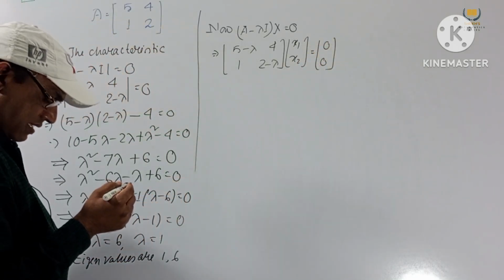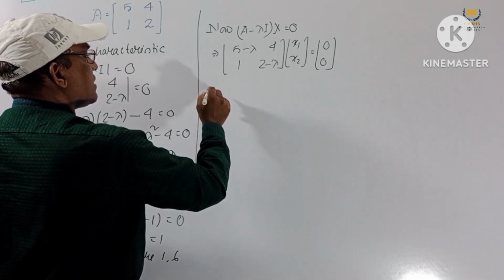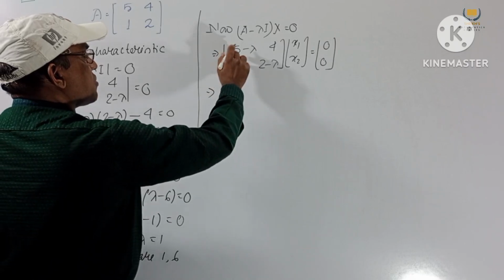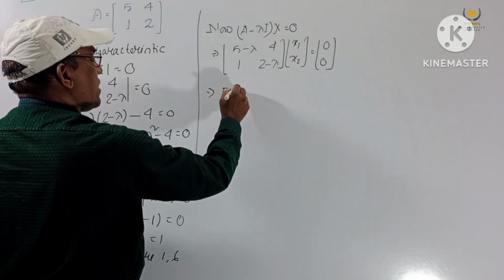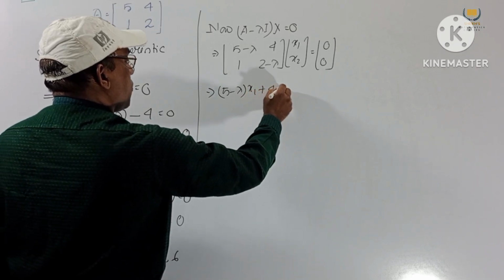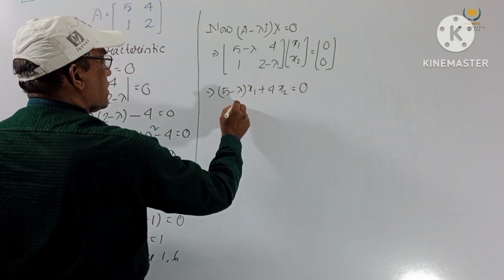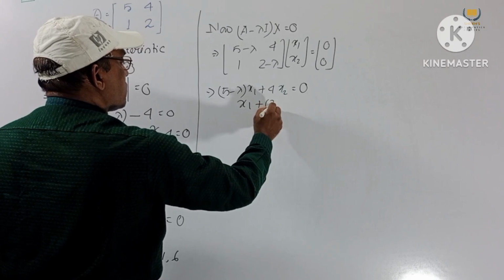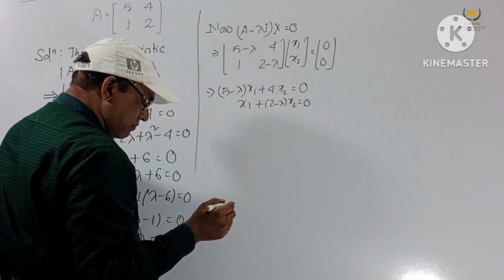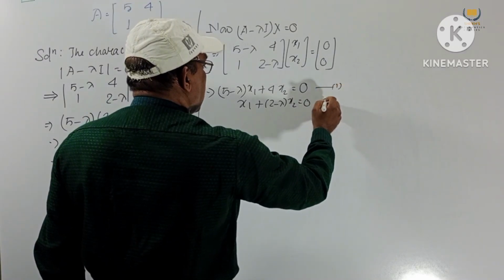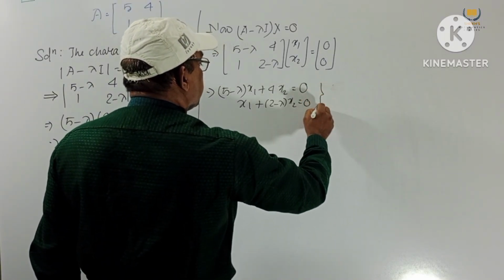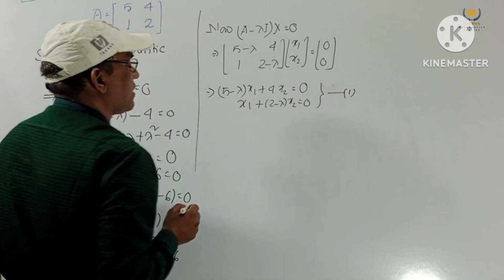So multiplying, we get 5 minus lambda times x1 plus 4 x2 equal to 0, and x1 plus 2 minus lambda times x2 equal to 0. We consider this whole as equation number 1.